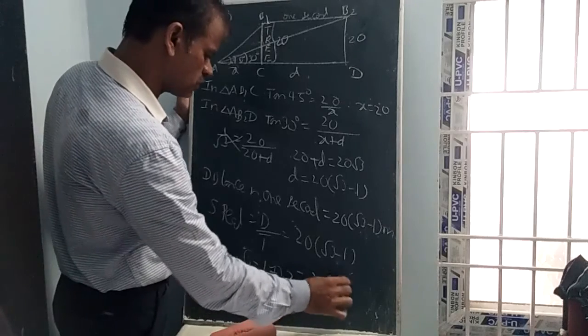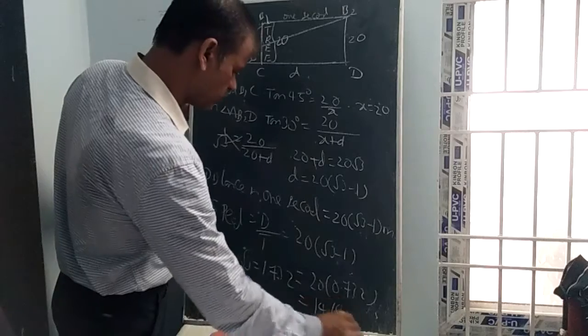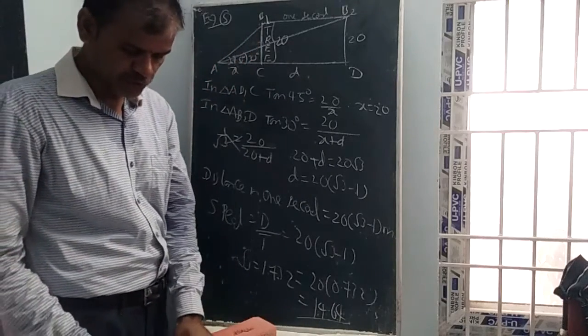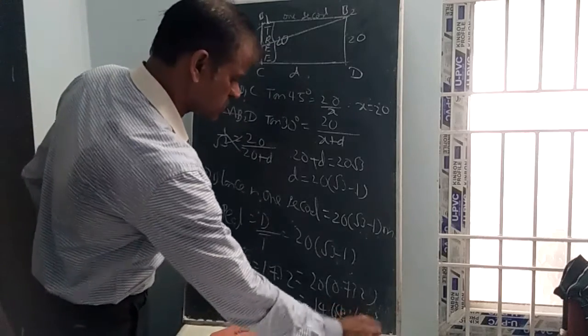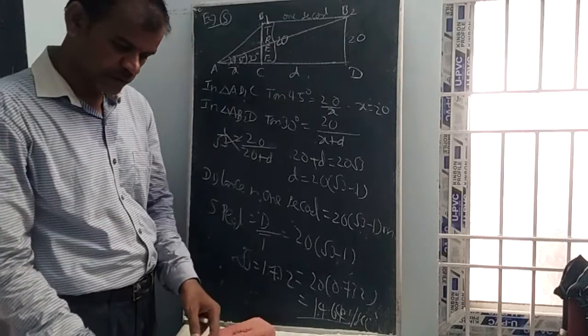So 20 into 0.732 is equal to 14.64 meters per second. Meters per second, because it is speed. You should write 14.64 meters per second.